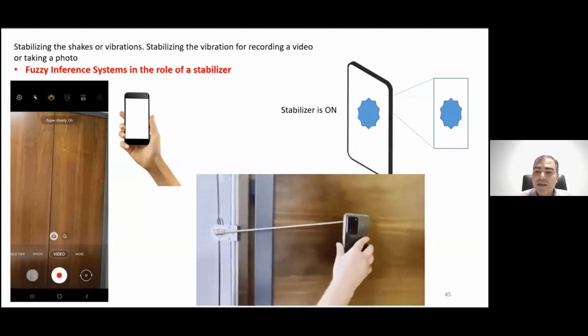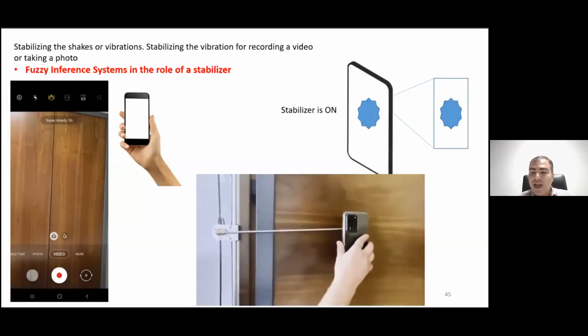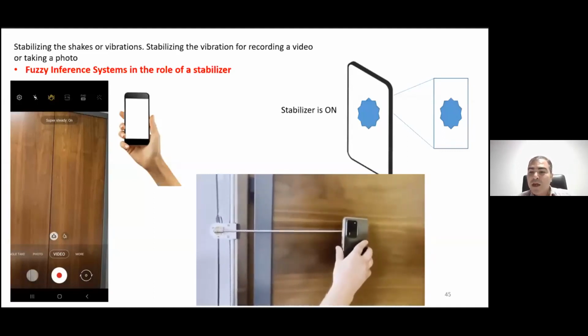A similar thing happens in a camera. When we want to take a photo or record a video with our mobile phone or a camera, for example, there might be some vibrations and shakes. In this situation, how can we obtain the model of such a system for which a fuzzy controller should be designed?